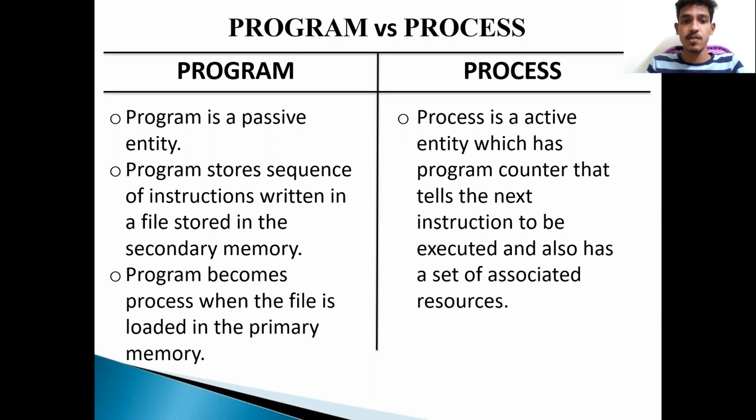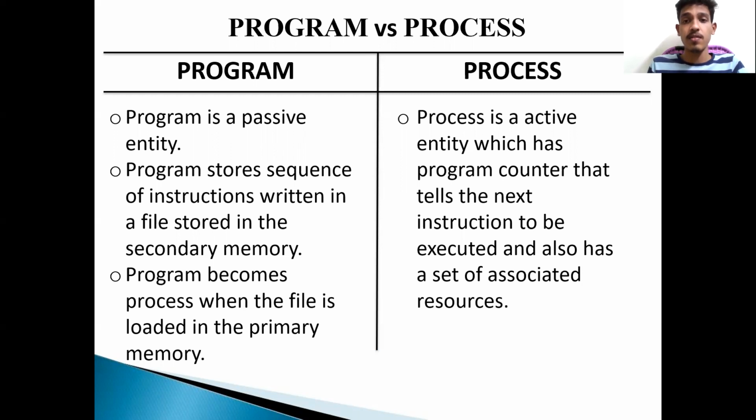Program stores a sequence of instructions written in a file stored in the secondary memory. The program in the secondary memory contains the instructions which we want to be executed by the CPU or the computer.